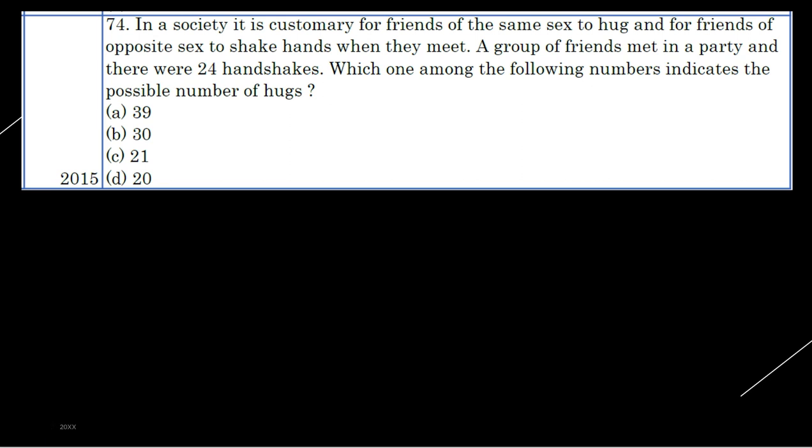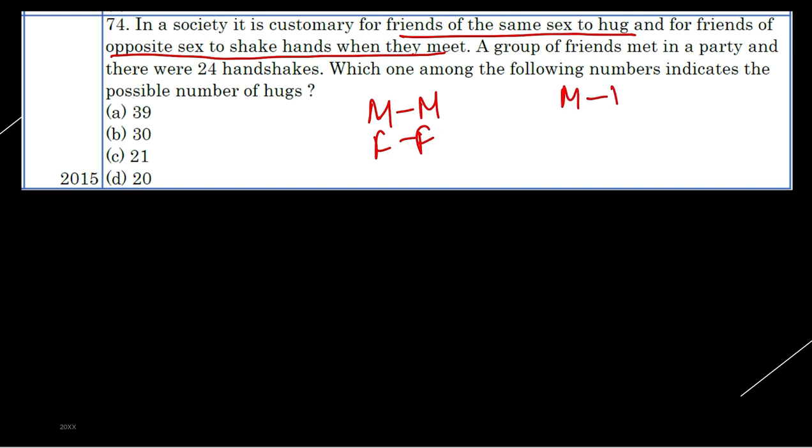In a society, it is customary for friends of the same sex to hug and for the opposite sex to shake hands. Means a male will hug a male, a female will hug a female, but a male and female will always shake hands.